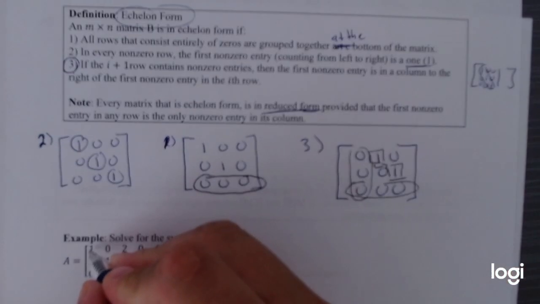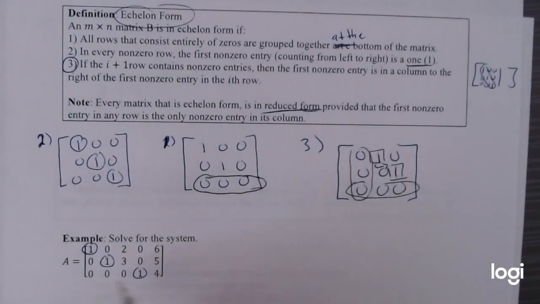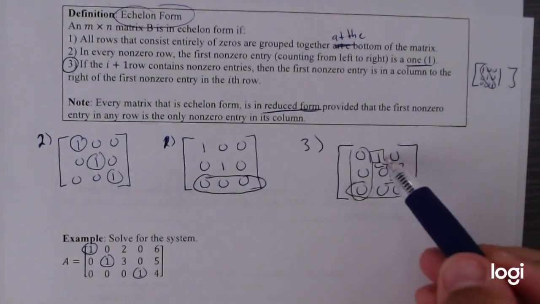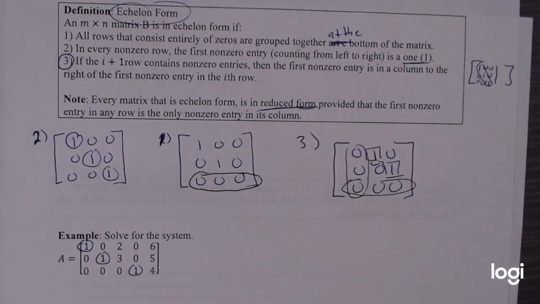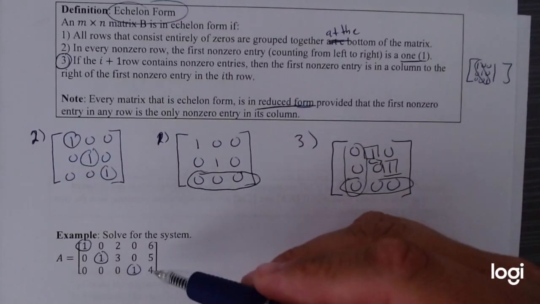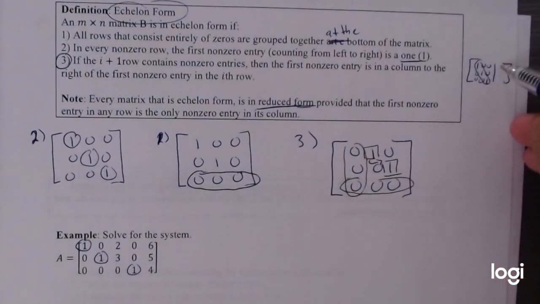So we have the first entries being 1s, and now rule number 3 applies: the next one to the right of it on the next row is complete there. So if it's already reduced, what are the answers? Because this was our goal, these would be the answers themselves, b1, b2, b3.